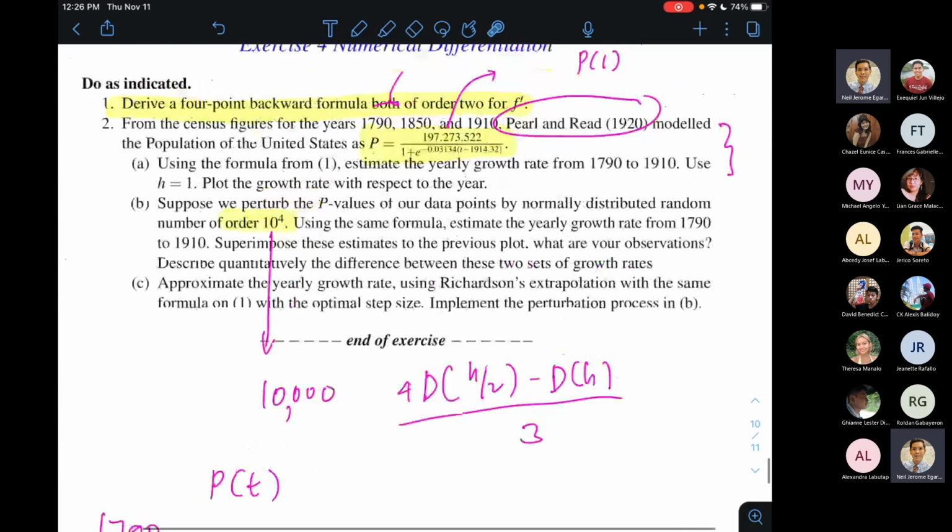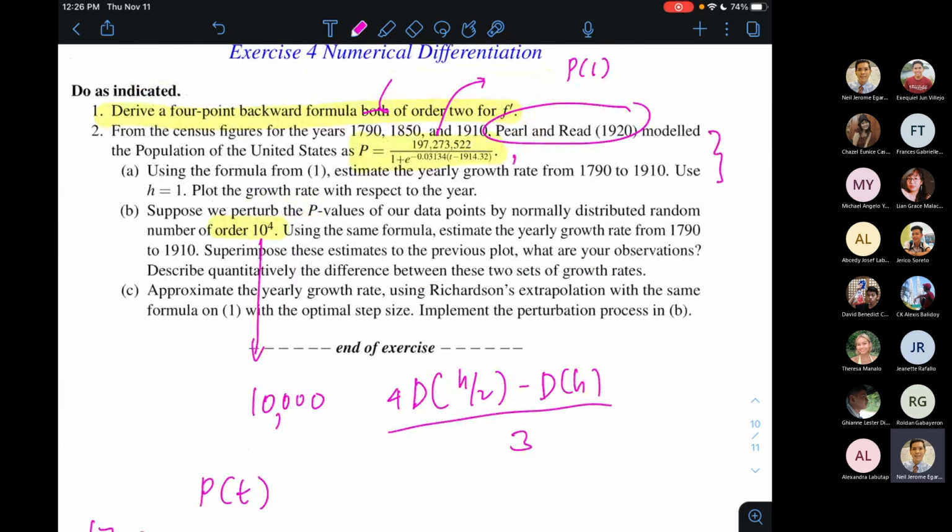Kasi hindi pala dinefine dun sa model kung ano si t. So what is t? Perhaps this is another thing I can verify with the lab instructor who wrote this problem. Kasi nga tama, hindi ko alam kung ano yung ipa-plugging ko sa t. Siya ba yung actual year number na 1790, or does 1790 correspond to t equals 1, or does it correspond to t equals 0?